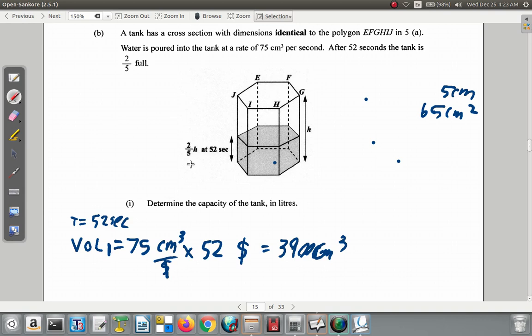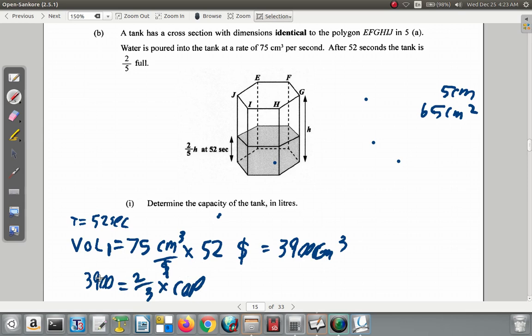Good. Now it is 2/3 full. Determine the capacity of the tank. It didn't call it capacity, it called it volume. It's the same thing. But since it says determine the capacity, let's call what we want to find cap. So therefore, the 3900 centimeter cube is 2/3 of our cap, or capacity.